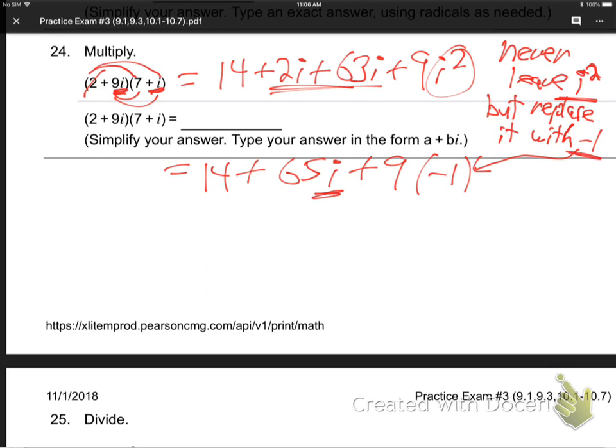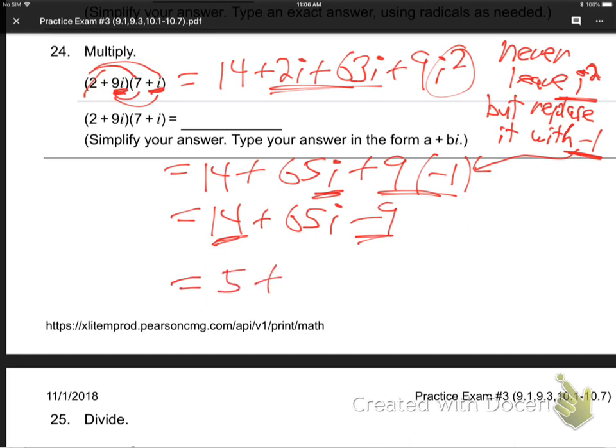We replace that with negative 1. So what do we get then? 14 plus 65i minus 9, right? 9 times negative 1 is minus 9. And then we can go 14 minus 9. What is that? 5 plus 65i. There we go for number 24.